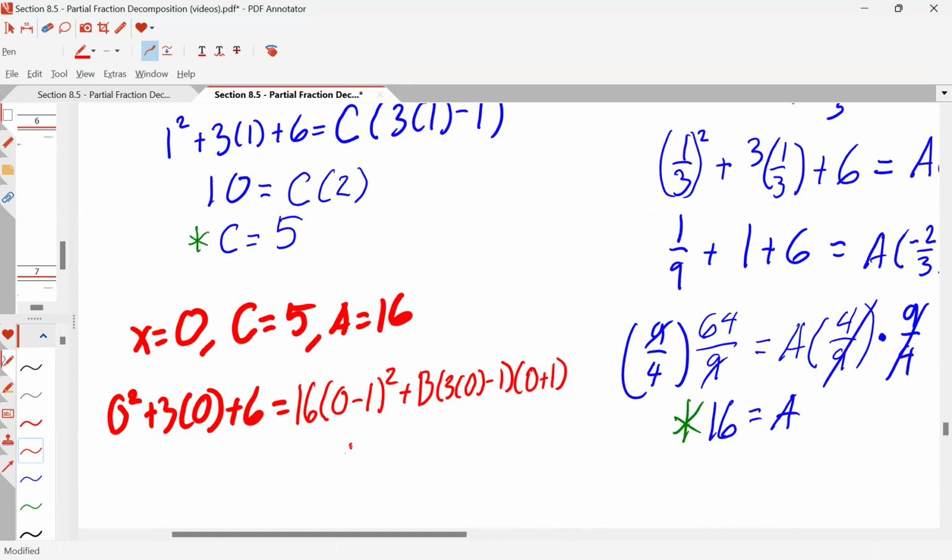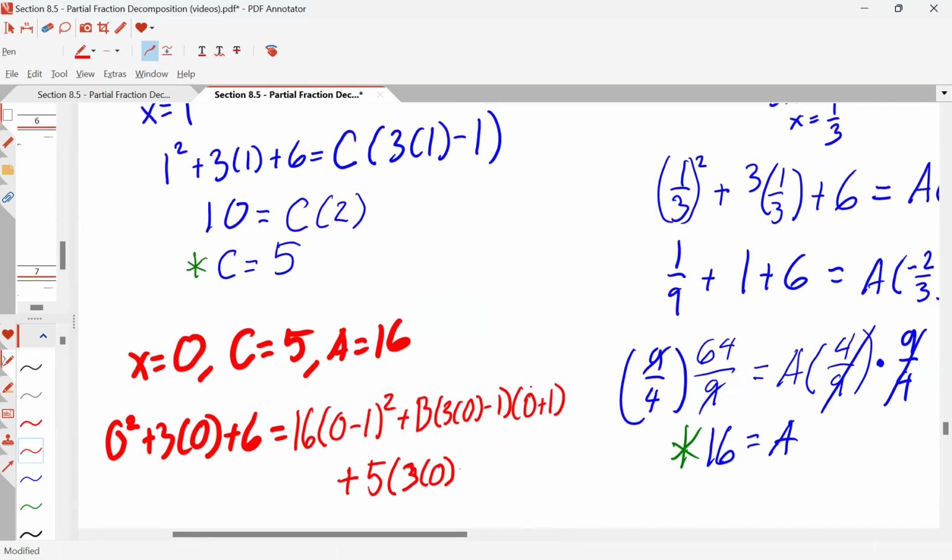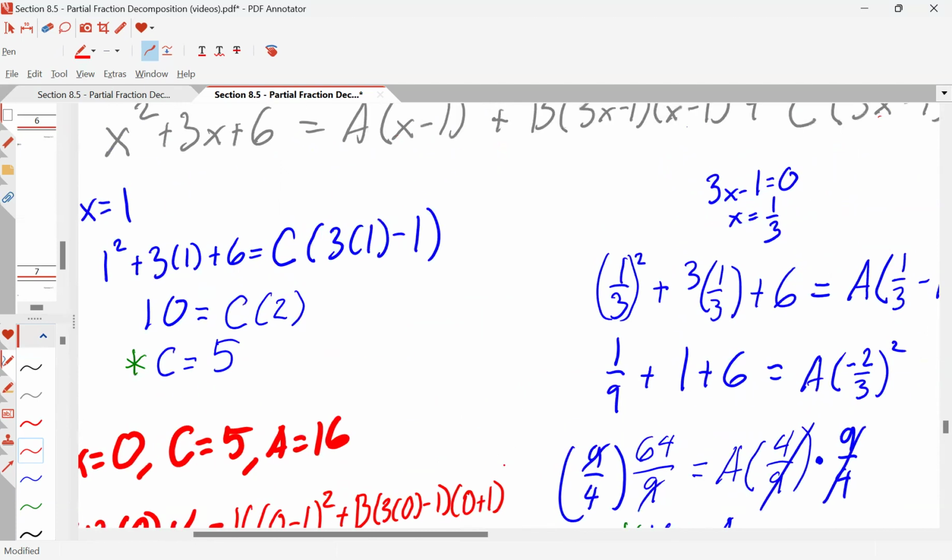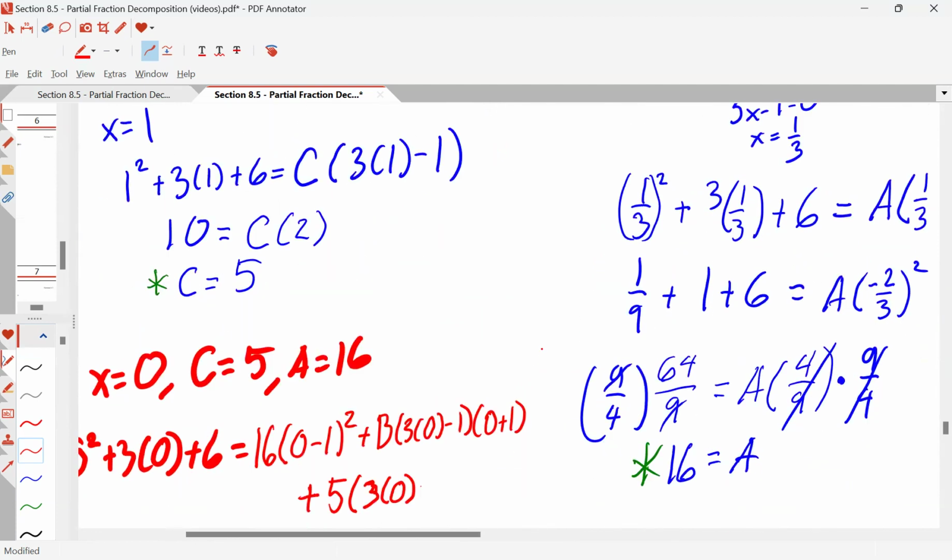So plus c, which is 5, times 3 times 0, should be a minus 1 here. Sorry. Minus 1.